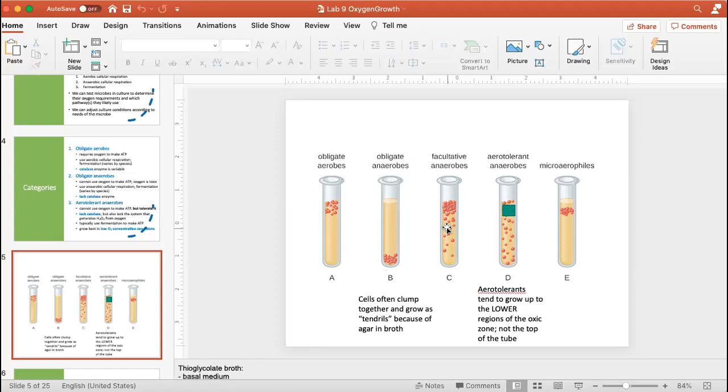Now you have to jump over this tube for a minute and look at this one. This is the aerotolerant anaerobes. Now there's a little green box right here. I'll explain that in just a minute. What I want you to notice is that there are red circles up and down this tube through most of it. And there's no one place that they tend to be growing.